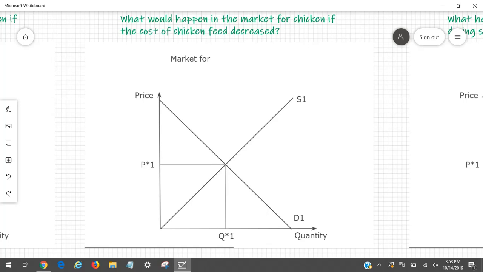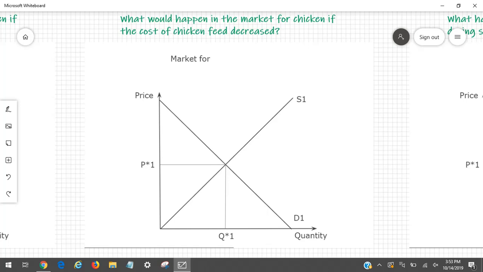There's 5 variables or determinants you need to know that can shift a demand curve, and there's 5 variables you need to know that can shift a supply curve, and those are in your textbook. So you'll need to have those memorized or be familiar with them. In this case, we're dealing with a variable that shifts the supply curve because the cost of chicken feed is what's changing.